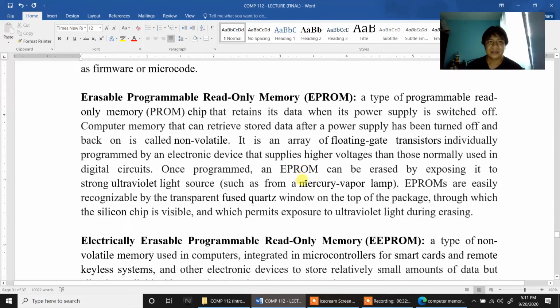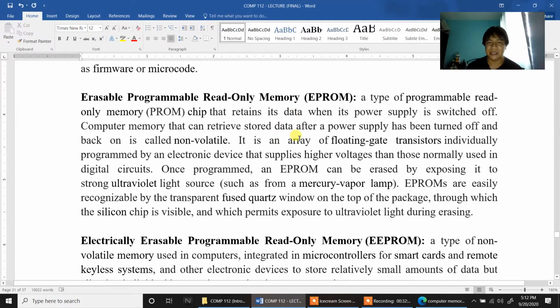Okay? Then we have erasable programmable read-only memory or EEPROM. So a type of programmable read-only memory chip that retains its data when power supply is switched off. So, dito, nag-retain niya ang inyong data. Okay?